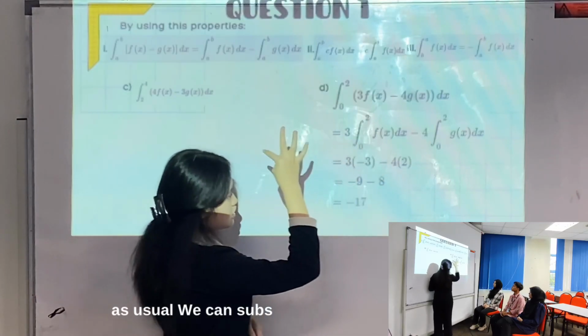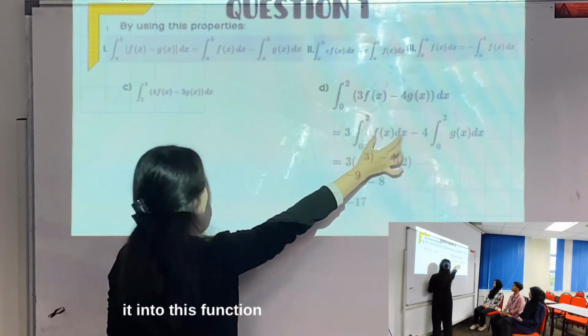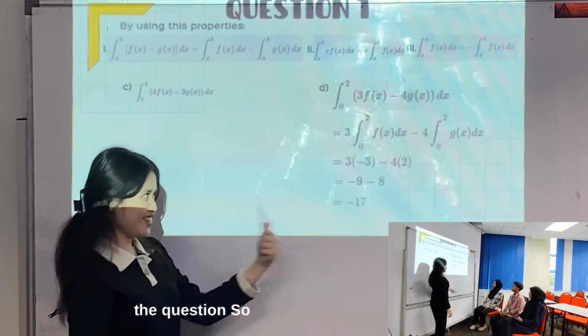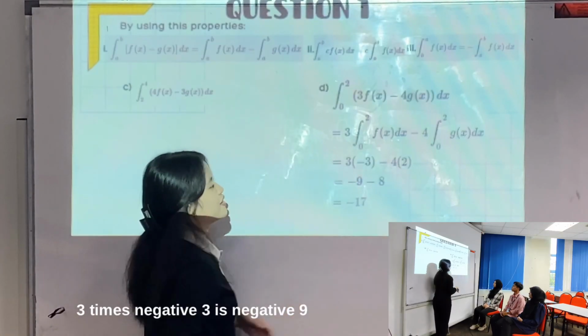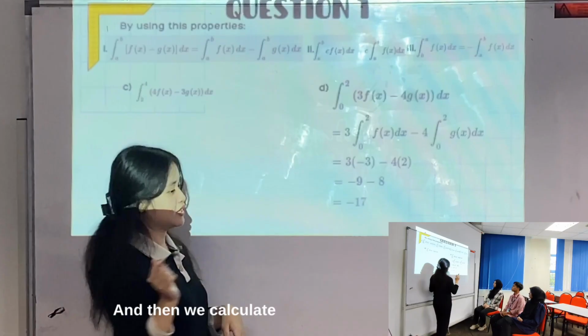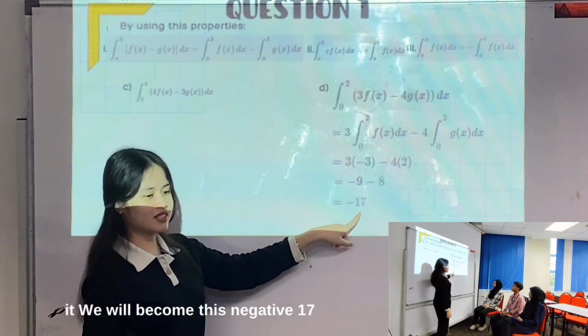And then, as usual, we substitute the numbers from the question. So 3 times negative 3 is negative 9, and then minus 4 times 2 is 8. Then we calculate it and we get negative 17.